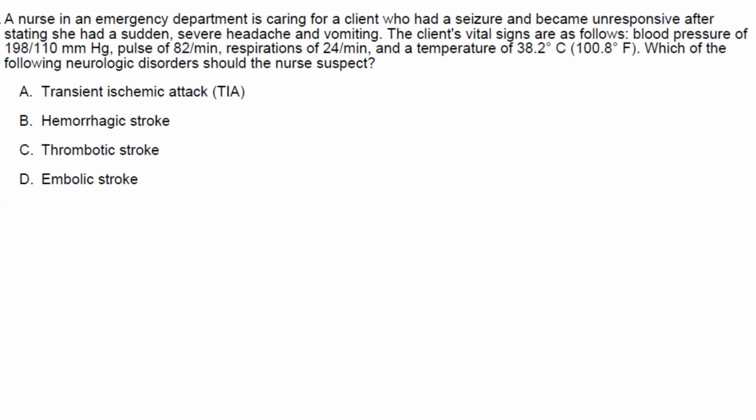The client who had hemorrhagic shock often experiences the sudden onset of symptoms, which include severe headache, a decrease in level of consciousness, and seizures. Hemorrhagic shock also occurs when bleeding occurs in the brain because of the rupture of blood vessels or an aneurysm, like a cerebral aneurysm rupture.